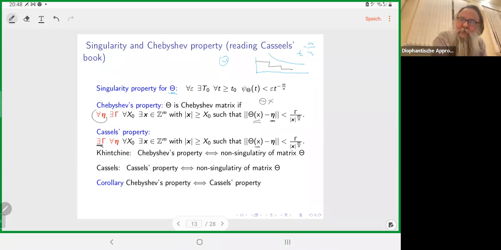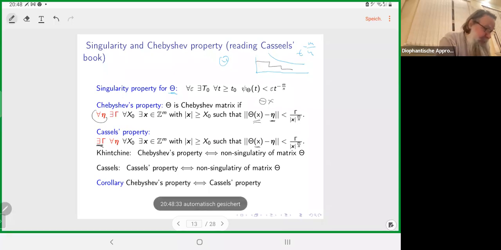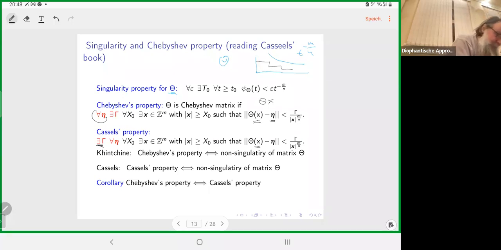I try to understand what it means. Surprisingly, I was not able to give a direct proof that Chebyshev's property is equivalent to Castle's property.